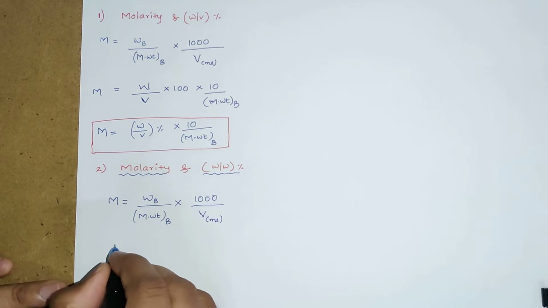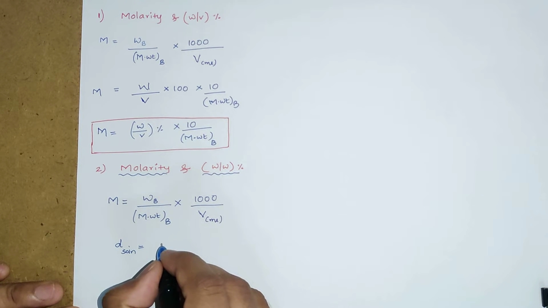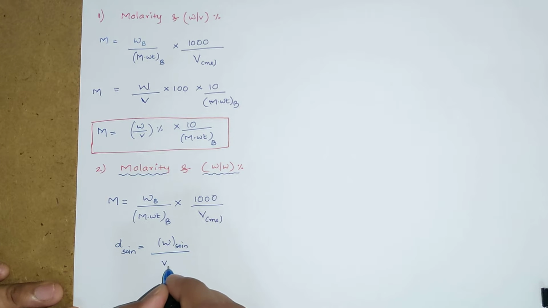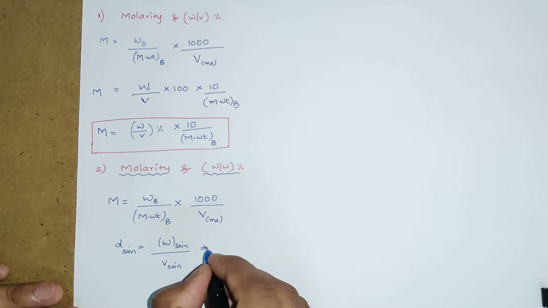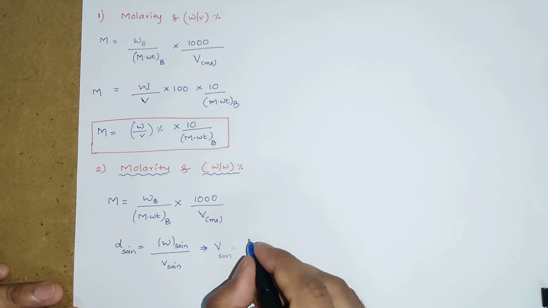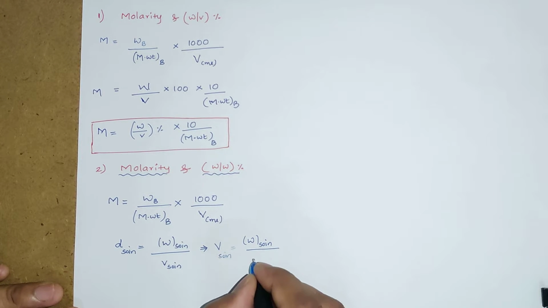So here the formula is density of solution is equal to mass of solution by volume of solution. From that one, volume of solution is equal to mass of solution by density of solution.